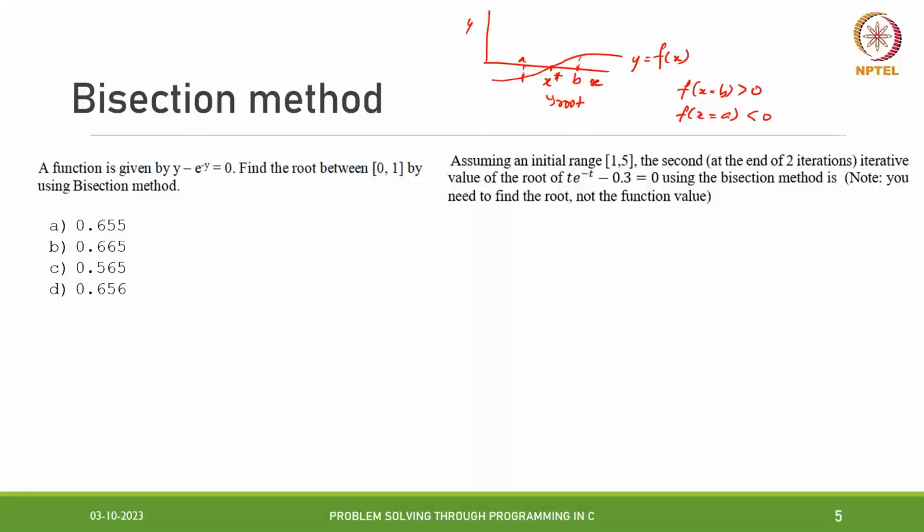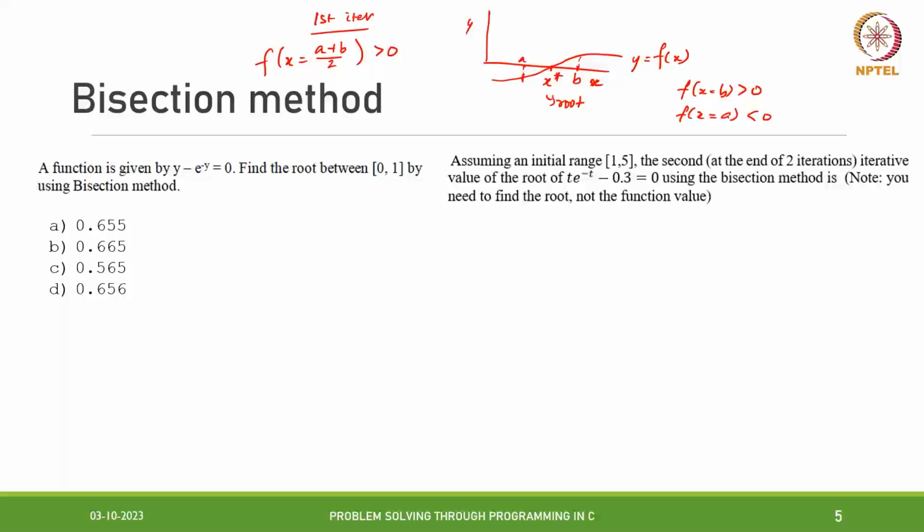Then in the first iteration, I will calculate a new value, which is a plus b by 2. Now I'll check what the value of f of x is at a plus b by 2.